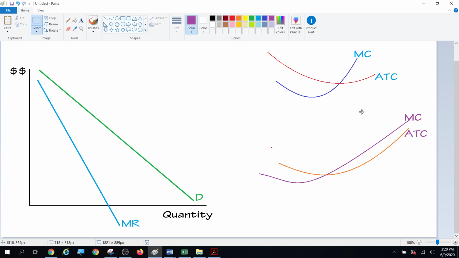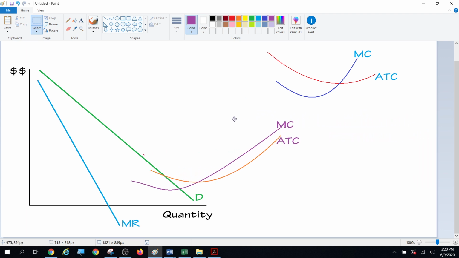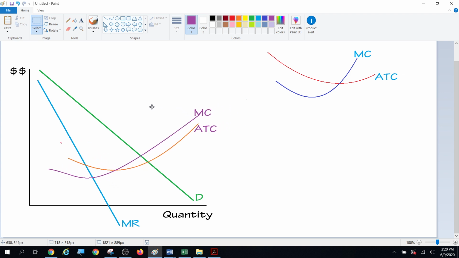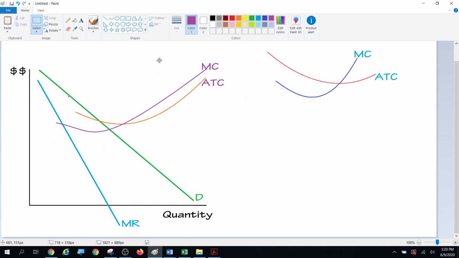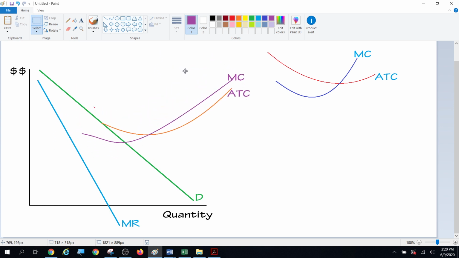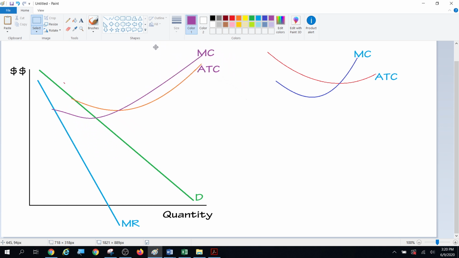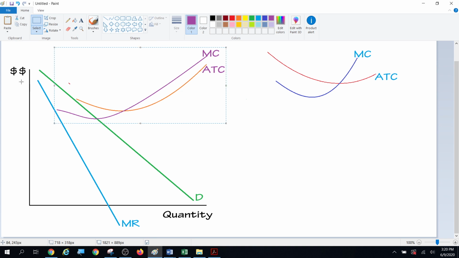So in order to show what the relationship was, we have to show that the company was losing money. And the way that we show that is that the average total cost curve was above the demand curve. So the price that people were willing to pay for the Twinkie was less than the cost of getting those Twinkies.